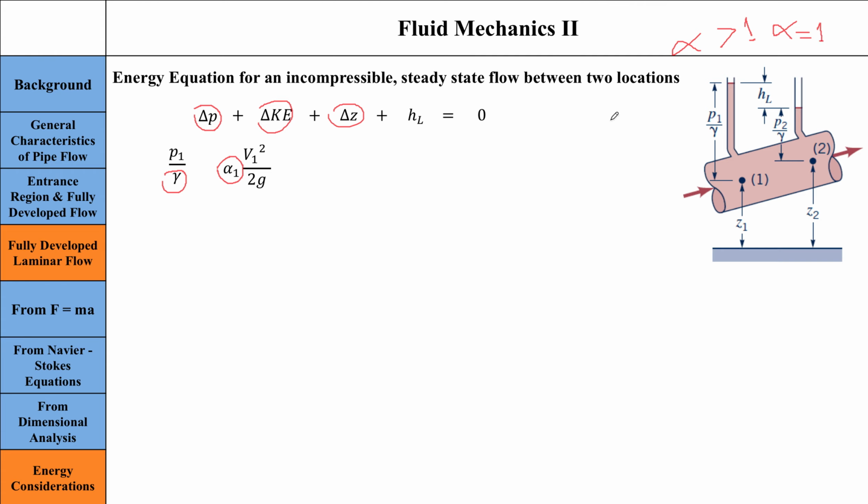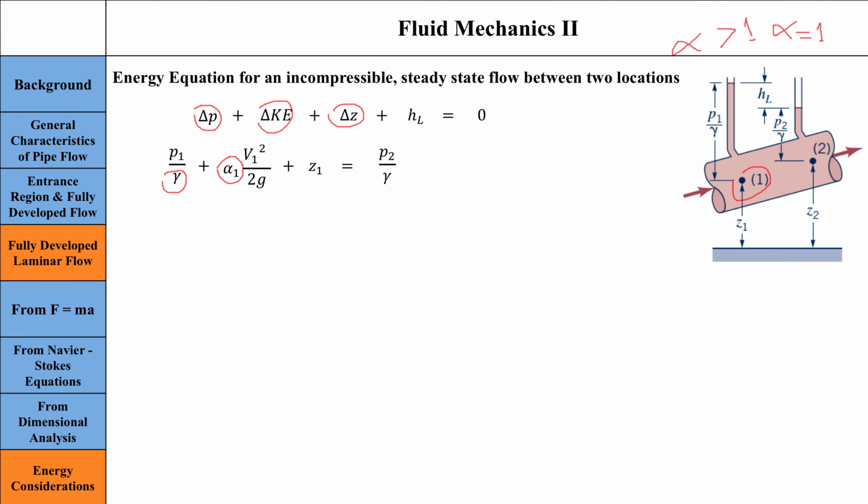Okay. And I'm expanding the elevation term now in terms of Z1 because I'm looking at the cross-section 1 right now. Okay, so I've written down those terms. Of course, they're going to be added up to each other.